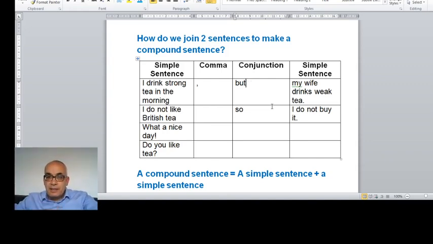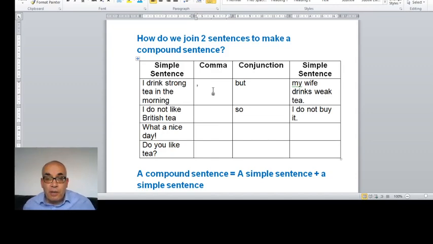This cement is the conjunction. And if you want, the words are like the stones, the words of the language. I repeat. So simple sentence, comma, conjunction, another simple sentence. So here I make two sentences. I join them with the conjunction.